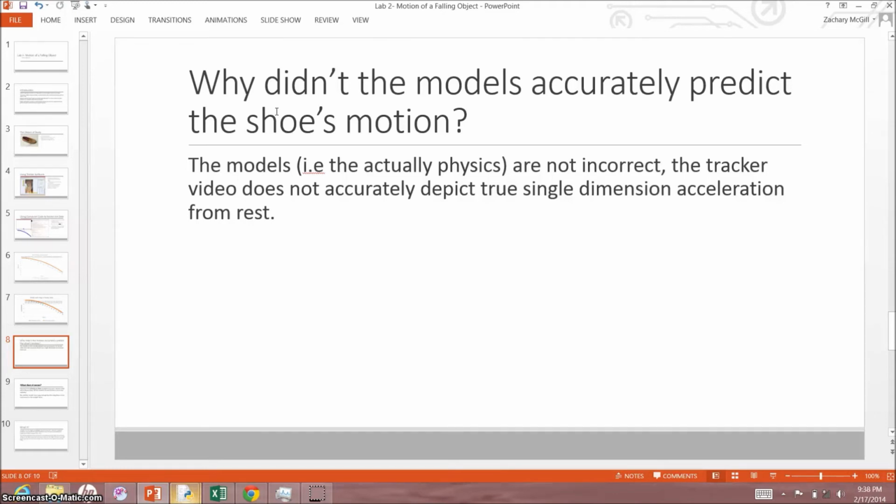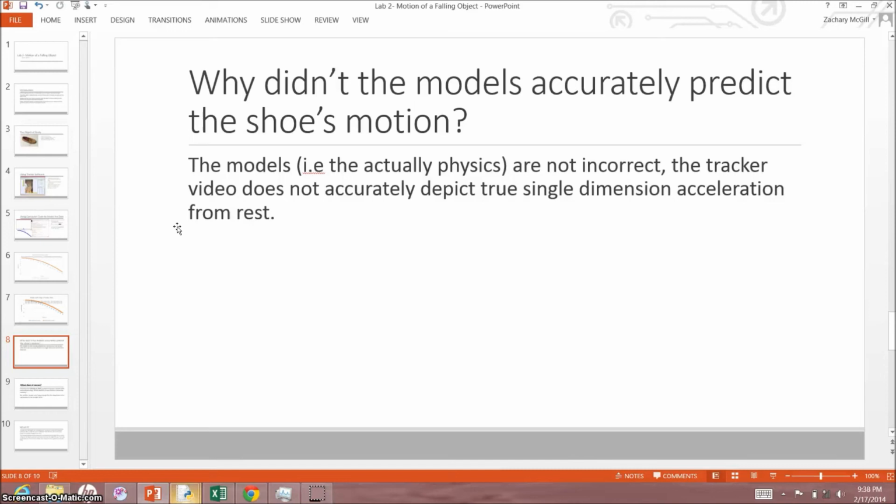And then the most likely problem is perspective distortion, which occurs because our video is not filmed from a perfect angle, and it's kind of difficult to tell where exactly the shoe's falling in Tracker. The gist is that these models actually show the actual motion better than the tracker video does. These models are based completely on physics, where the video has this distortion, which is causing inaccuracies.